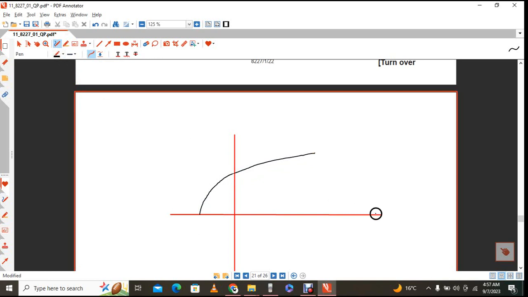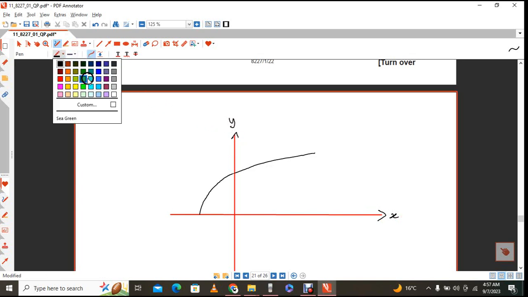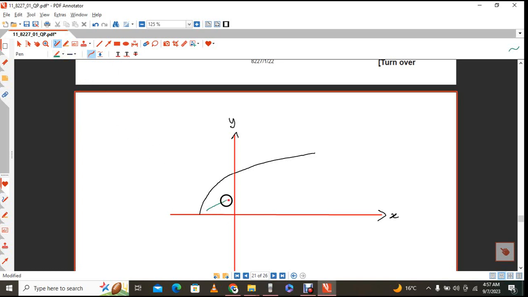This is obviously the x-axis, that is the y-axis. Then you also know that this part here is shaded, and the distance from here, obviously this was negative 2 over 3, so the distance is 2 over 3, and this one was root 2.